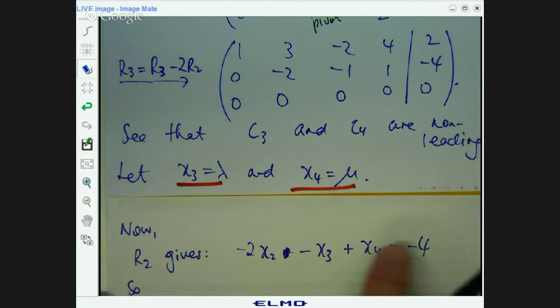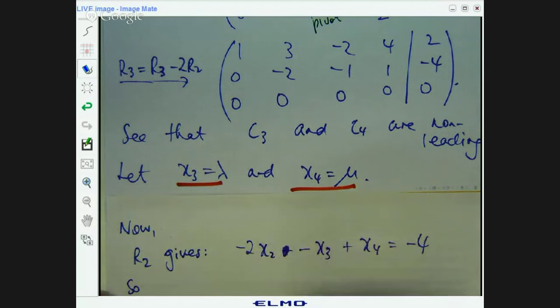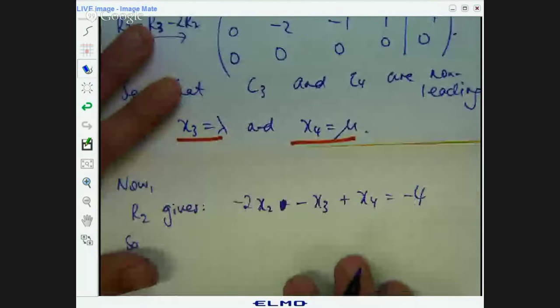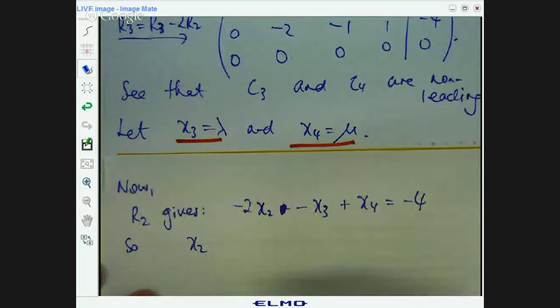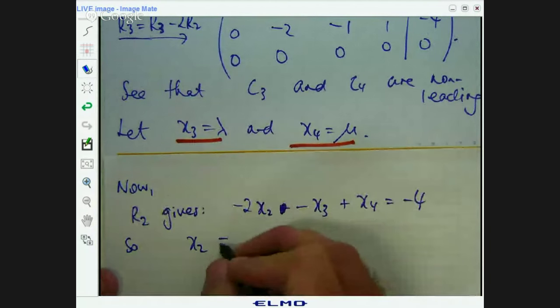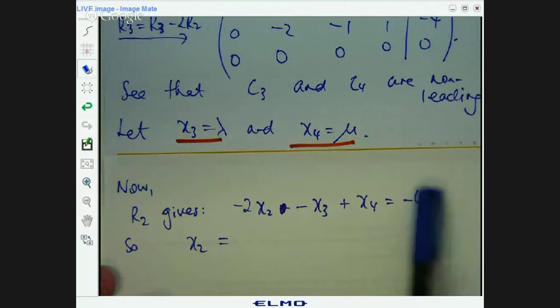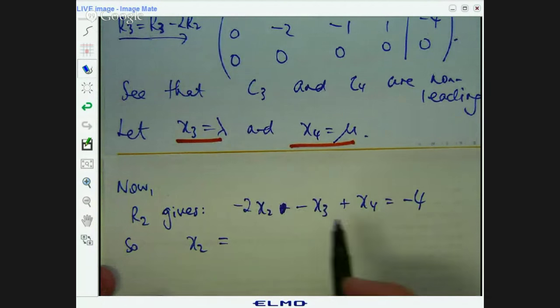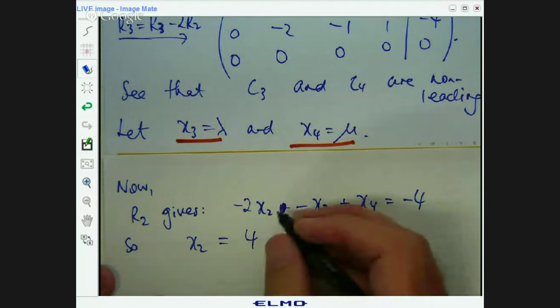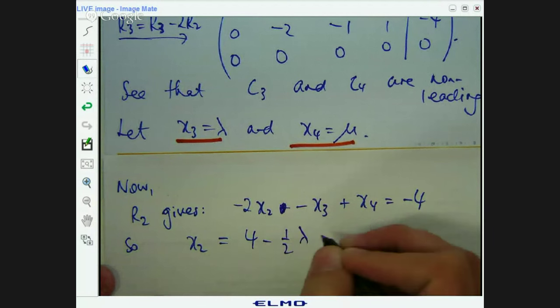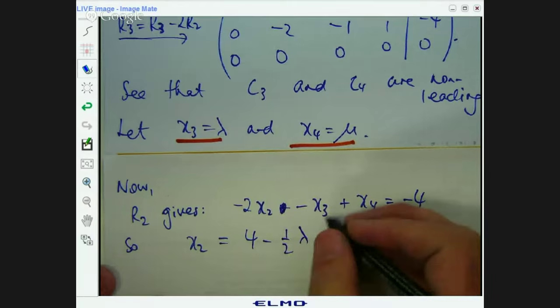Bring those to the other side, and you can get x2 in terms of lambda and mu. If I take that over there, and then divide by 2, I'll get the following. Yep, so that's my expression for x2.